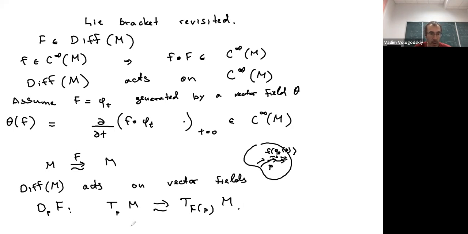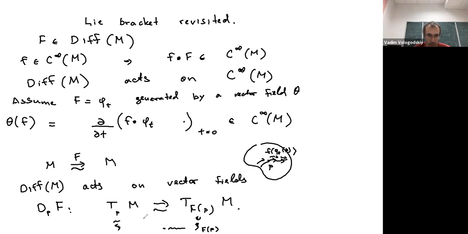So that means that if I have a vector, say xi at f of P, I can look at the corresponding vector here.